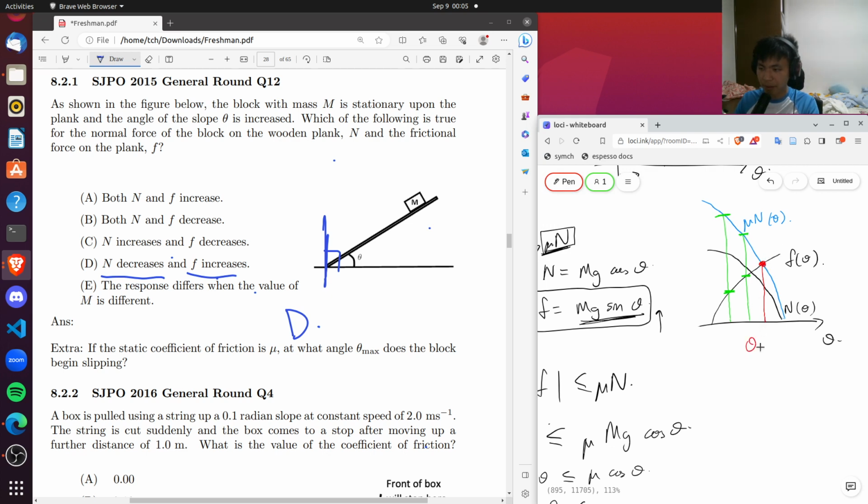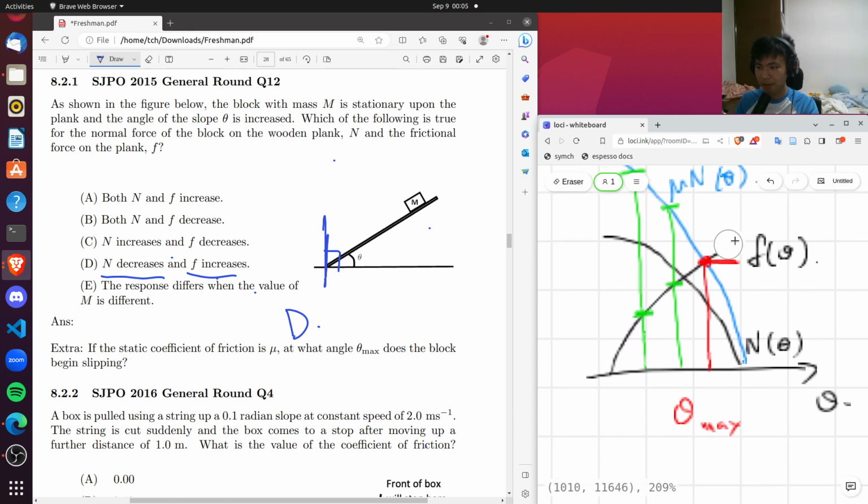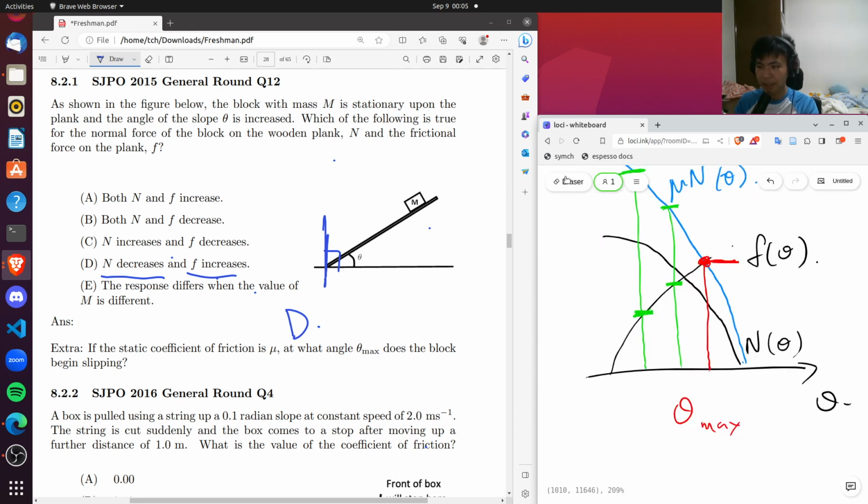this is the point, theta max, where the friction is like, okay, I cannot, this is the maximum value. And the moment you try to increase the angle, friction is actually going to stay at this value. It's going to be capped at this value. Friction is not going to increase further. So the graph of friction actually really looks like that.